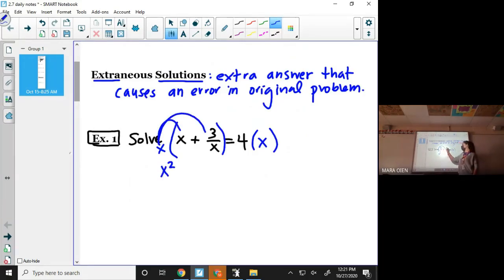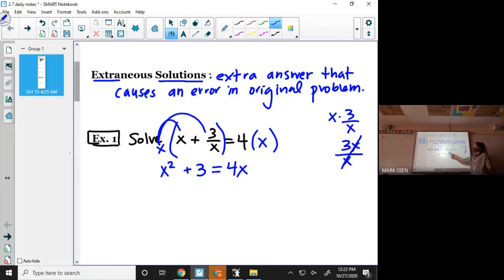And here's the whole reason why I'm multiplying by x. If I take x times 3 over x, that would be like 3x over x. And the x's completely cancel, and all I have left is a 3. So I'm just going to say plus 3 equals 4x.